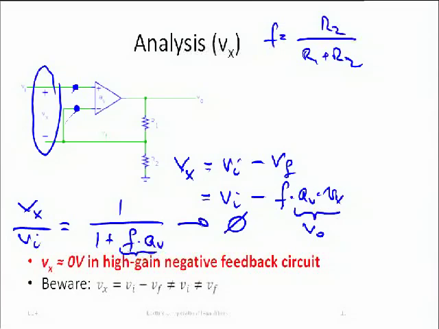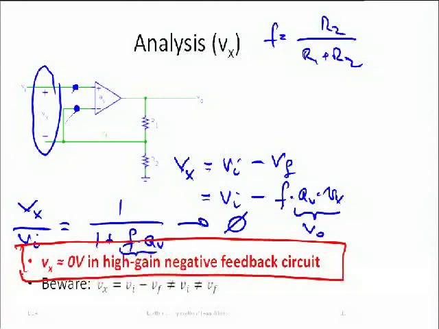Now, if you understood all of this derivation, that is really great, and I would like you to understand all of it. But if you didn't quite understand it, then I very strongly recommend that you absolutely remember this: if we have negative feedback and our amplifier is really high gain, like infinite, then this voltage Vx is 0.